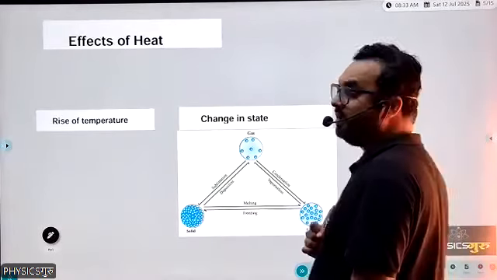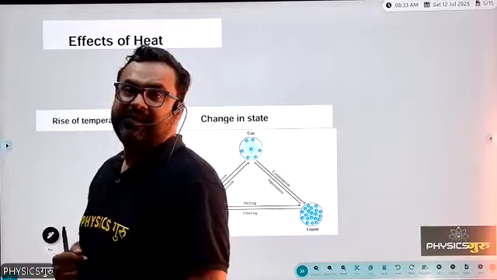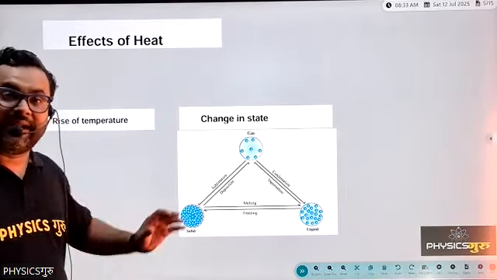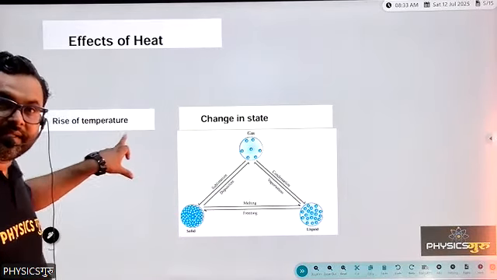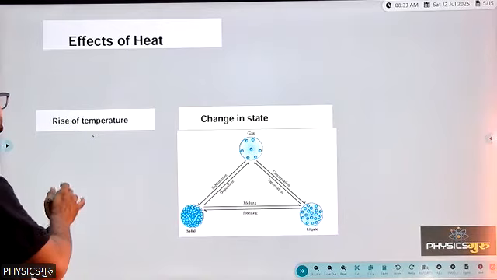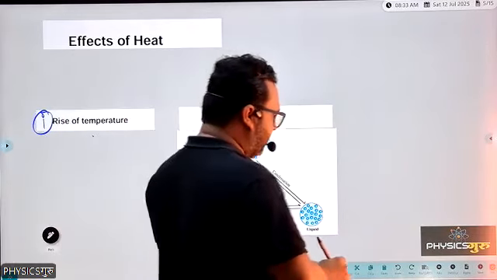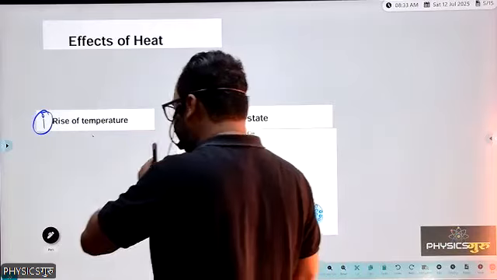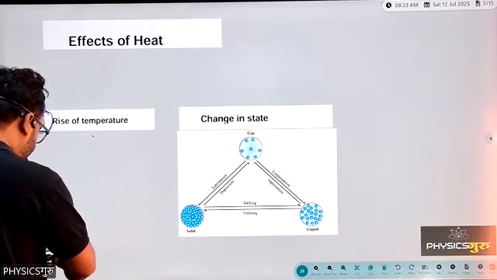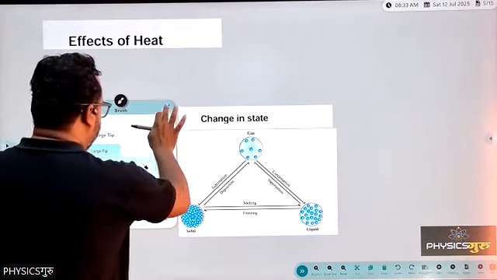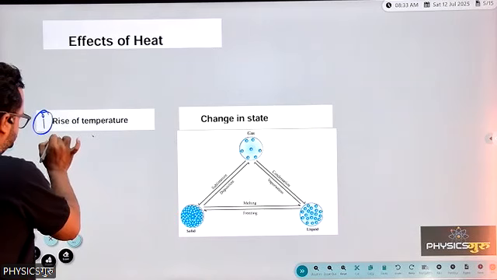Now next, effect of heat. The first effect of heat is that it will raise the temperature of an object: rise of temperature. Now it is important to note that in case of heat transfer, when heat travels from one body to another body, we have three modes of heat transfer.